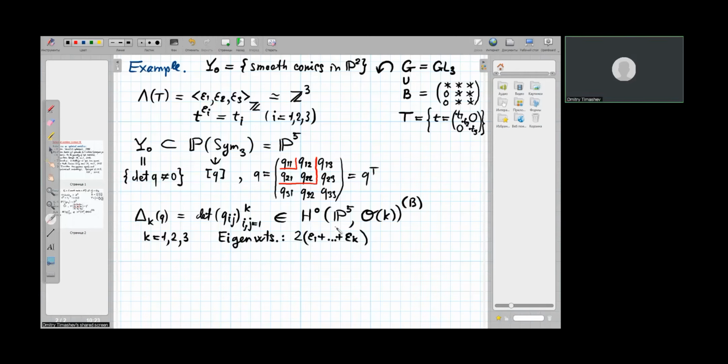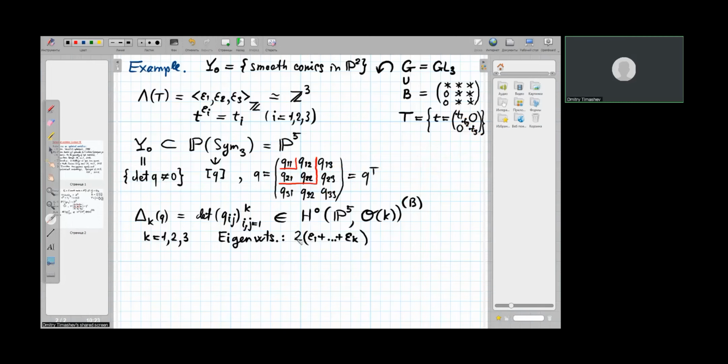How to compute this? You just make a linear transform of variables given by this matrix. In terms of matrices, this means that you multiply the matrix Q by T on the left and by T transpose on the right. And of course, under this multiplication, the first minor will be multiplied by T1 square, the second one by T1 square T2 square, and the whole determinant will be multiplied by T1 T2 T3 square.